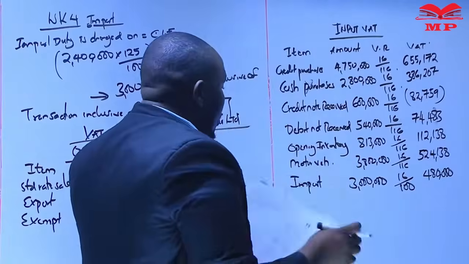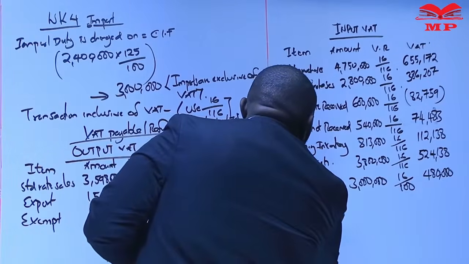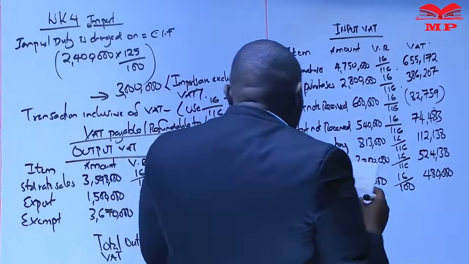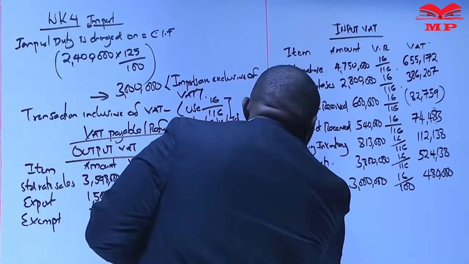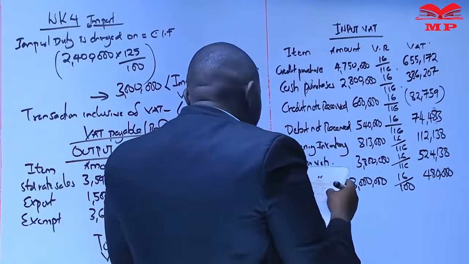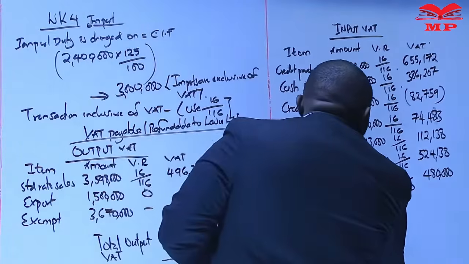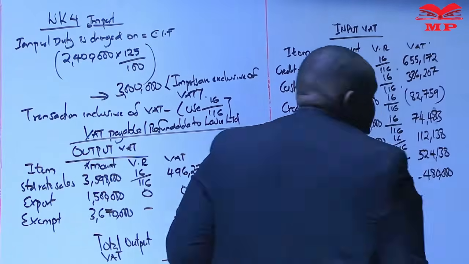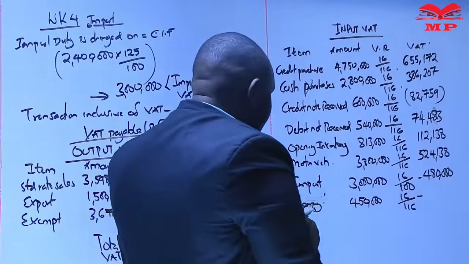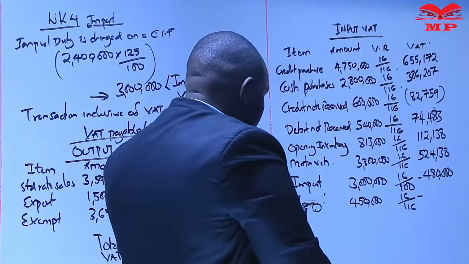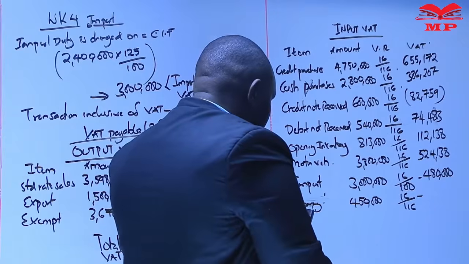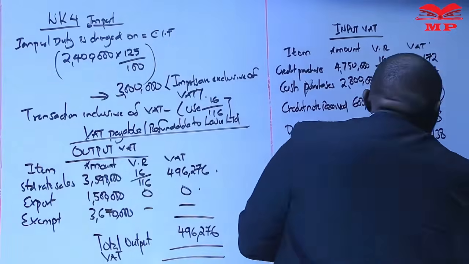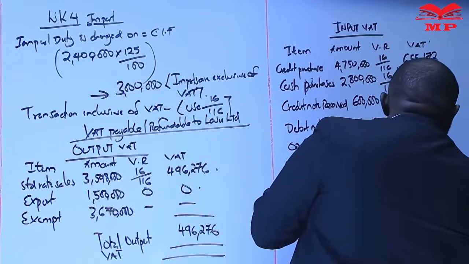Then you have the transport. Remember, those are at the point of entry, so those are inclusive. Clearing cost is 450,000 times 16 over 116, so the figure should be 62,069.